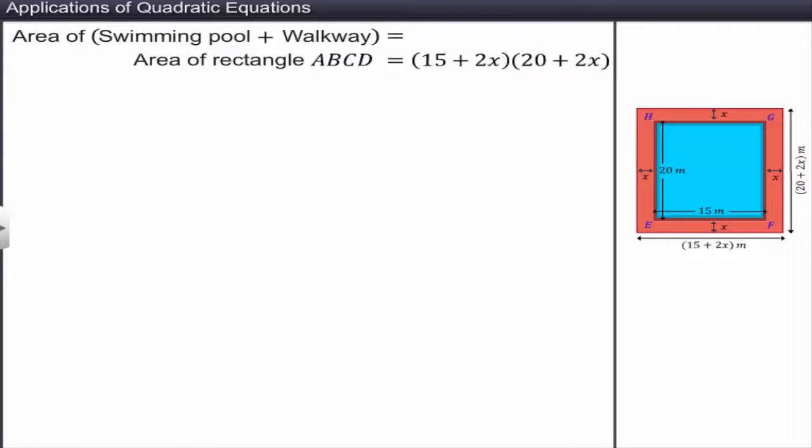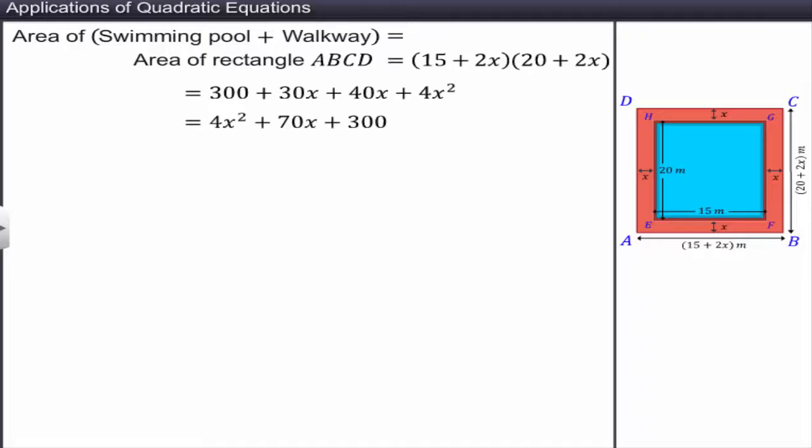Thus, the area of the swimming pool and the walkway is the area of rectangle ABCD, which is equal to length AB into breadth BC. This is equal to 4x squared plus 70x plus 300.